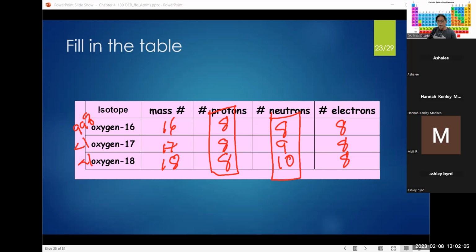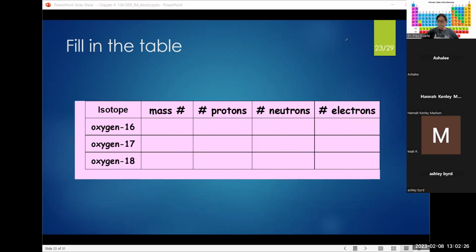So we incorporate these percentages into these whole numbers. You can see the weighted average is closer to 16, and that is why we can take the atomic weight and round it to the nearest whole number to give us the most common isotope. So there you go, 8, 9, and 10.